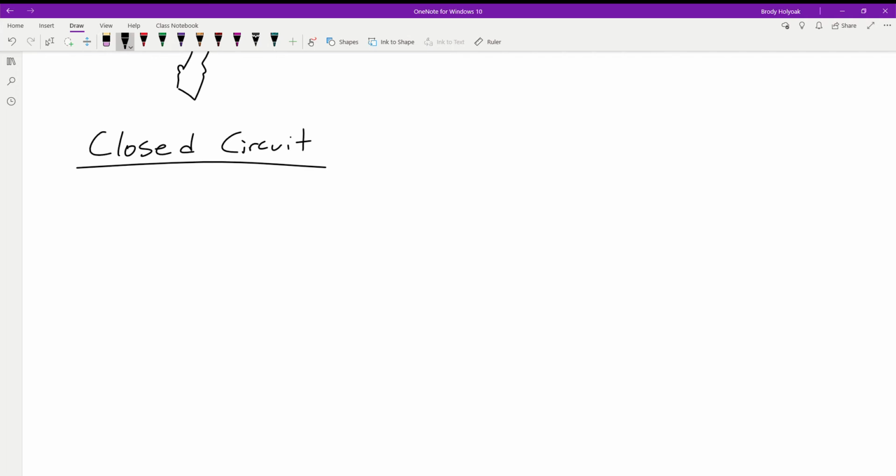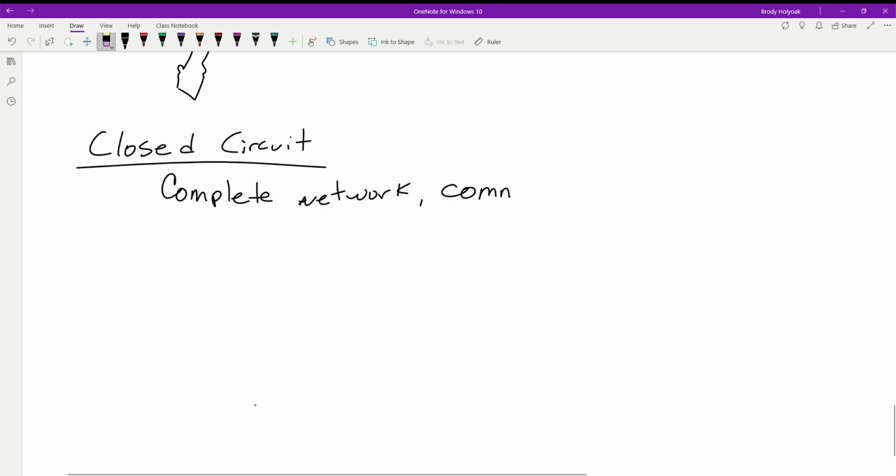So this is a complete network. We've got connections from a positive voltage to ground, or the negative voltage, whatever it may be.